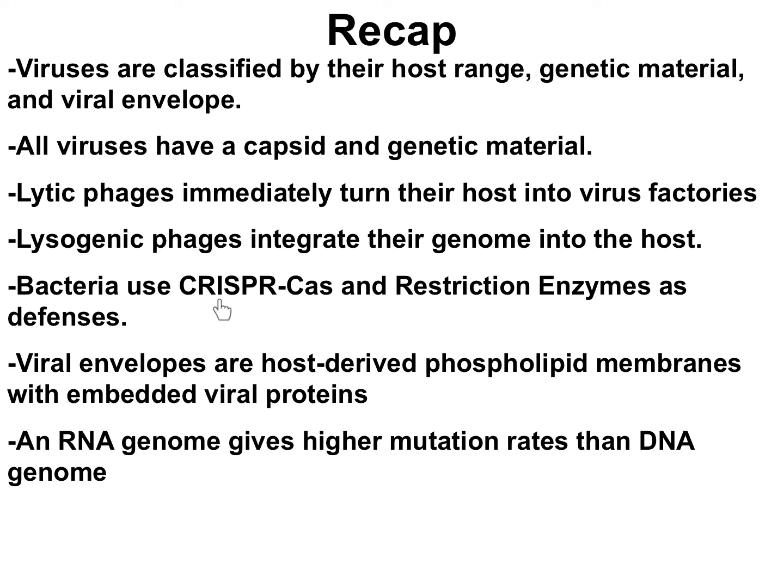Bacteria have evolved the CRISPR-Cas system and restriction enzymes to cut up phage DNA and prevent infection. Eukaryotic viruses can have the additional features of a viral envelope and RNA genome. Viral envelopes add a layer of protection to the capsid and genetic material and may help the virus avoid immune detection. Now, a big advantage of an RNA genome is that RNA mutates more rapidly and can result in faster virus evolution.